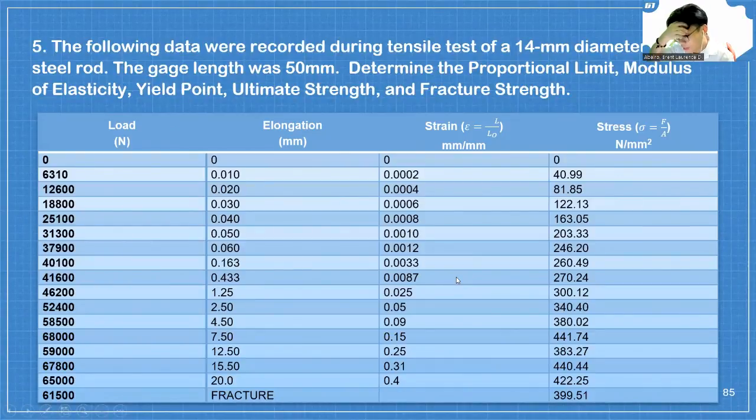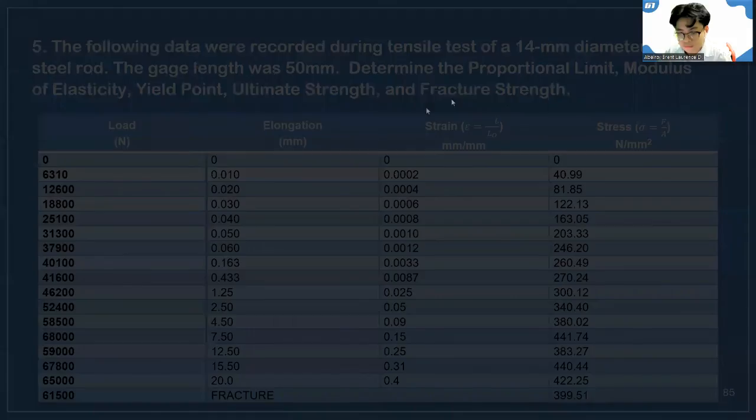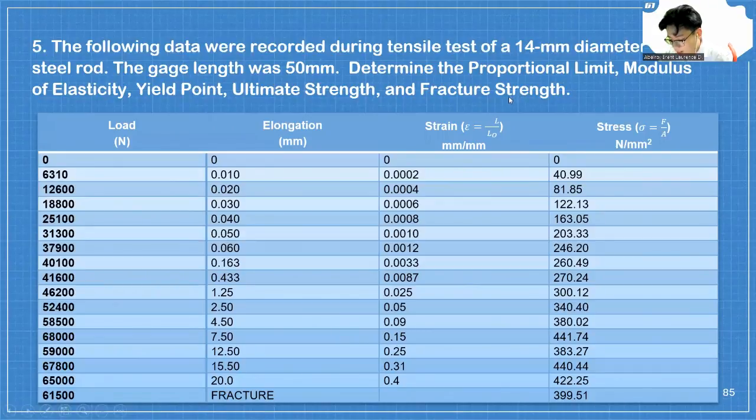Ngayon, ang kukunin naman natin ay yung stress, which is just force over area. By the formula given, which is force over area, ang ating unit is Newton over square millimeter.